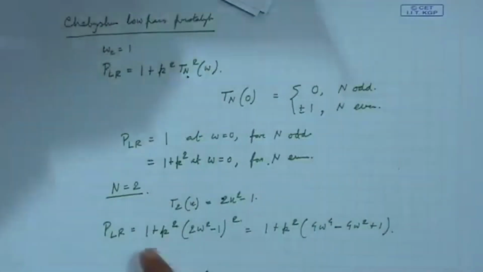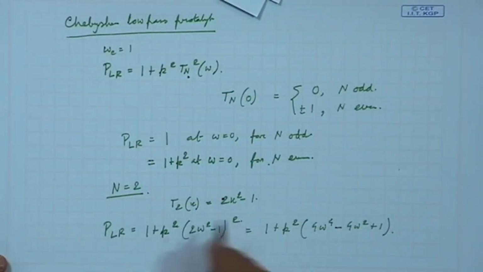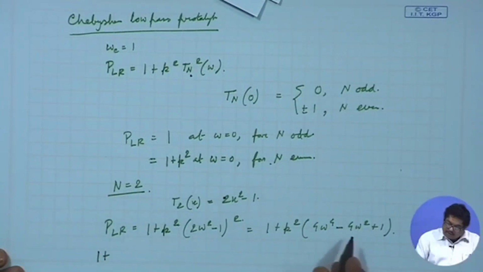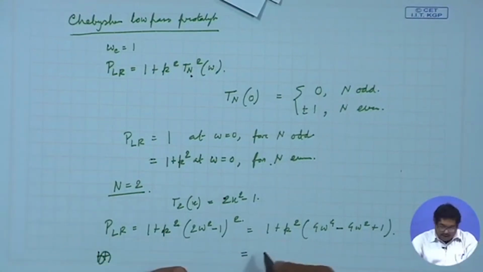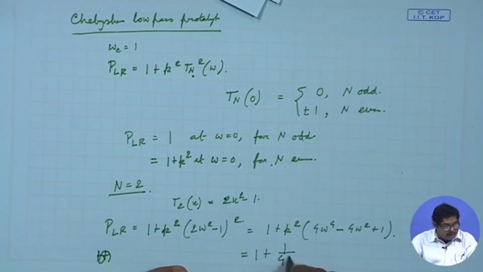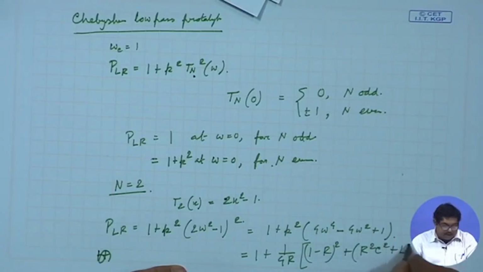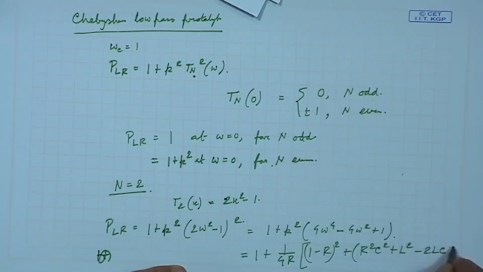So, this is one side and then for Chebyshev we have this. So, you can equate, that means I am writing that 1 plus this one, this equal to, I can write that 1 plus, already that time we have derived this 1 minus r whole square plus r square c square plus l square minus 2 L C r square omega square plus L square c square r square omega 4.